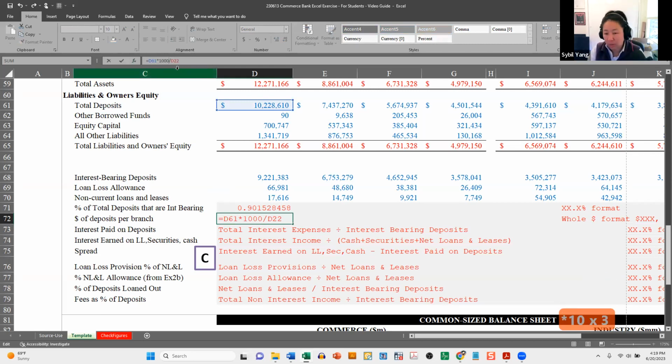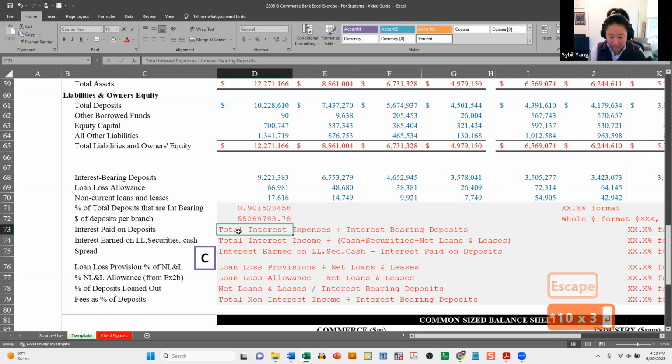Let's put in the multiply by 1,000, because the number looked really small to me. How could a bank just have like $55,000 on deposit? And I was like, oh yes, of course. It's because Commerce Bank has this number in thousands. And I wanted this in whole dollar format. $55 million in deposits seems a lot more reasonable.